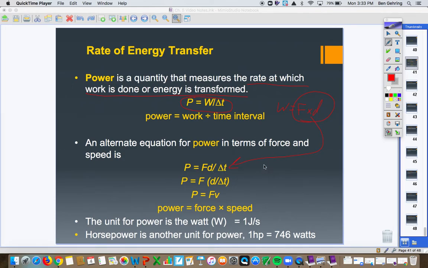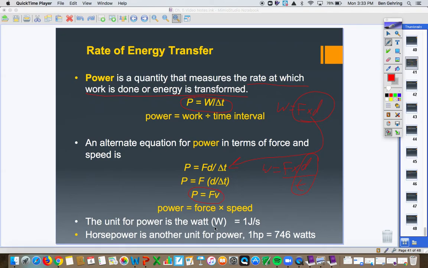If I look at just distance divided by time, hey, we've seen that before. That's our velocity equation. So power equals force times speed, or force times velocity. All of those are ways we can express power.